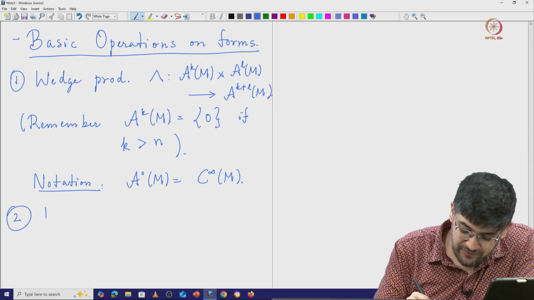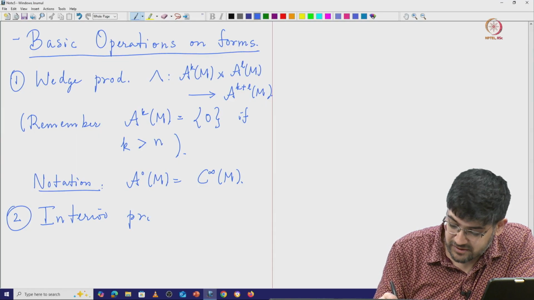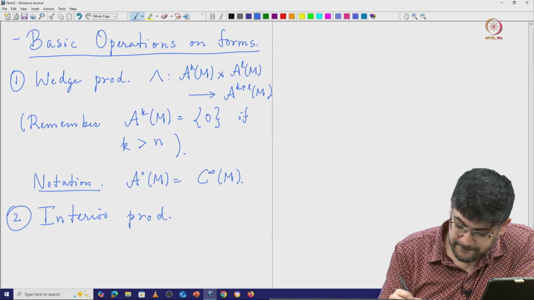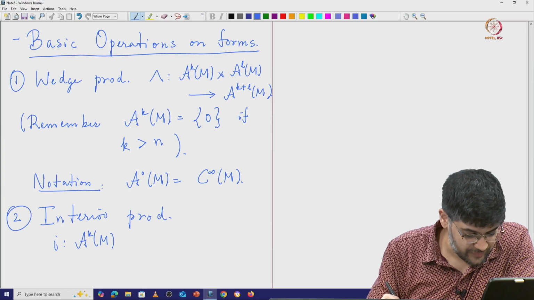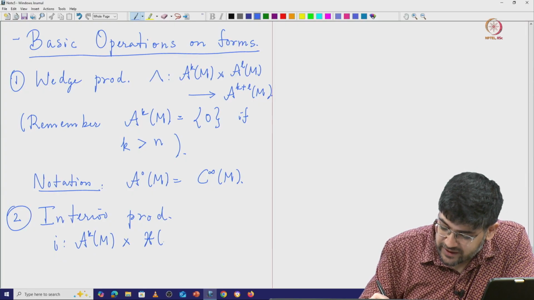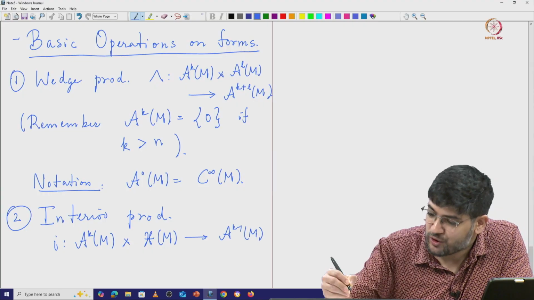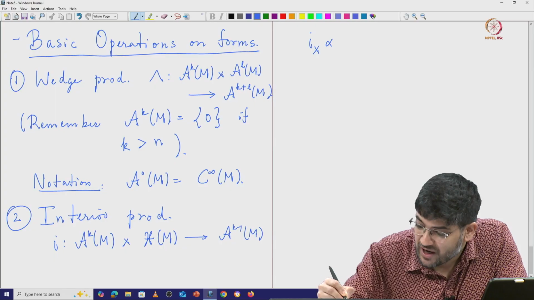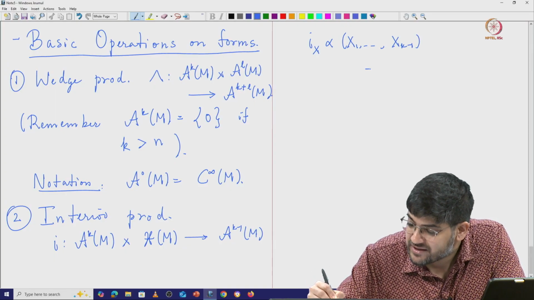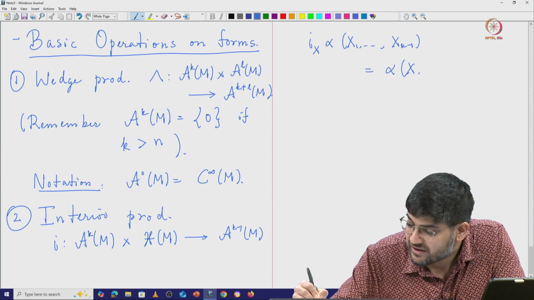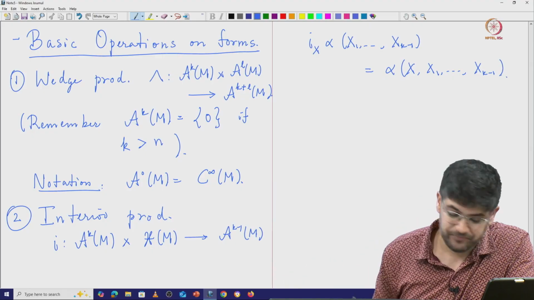All right. Then we also have this thing called the interior product. So here you take a k form, you take in a vector field and you get a k minus 1 form. So Ix of alpha applied to k minus 1 entries is simply alpha of x comma x1 up to x(k-1). Okay.